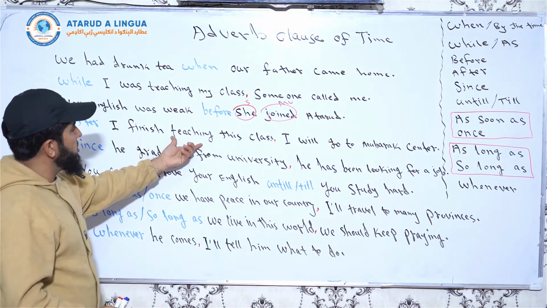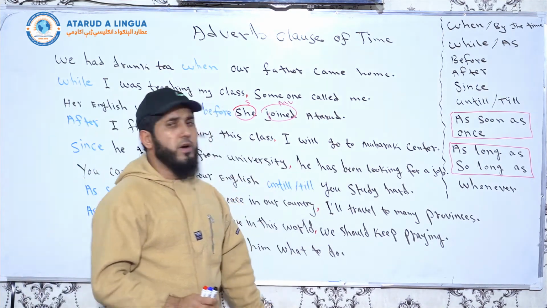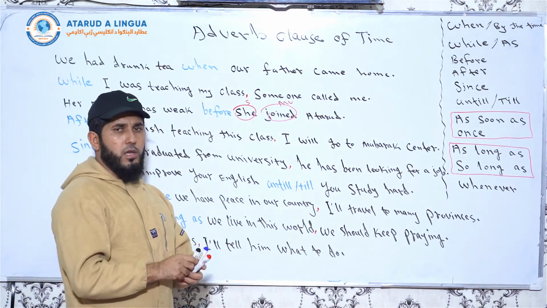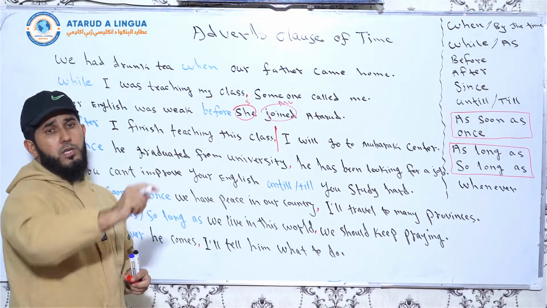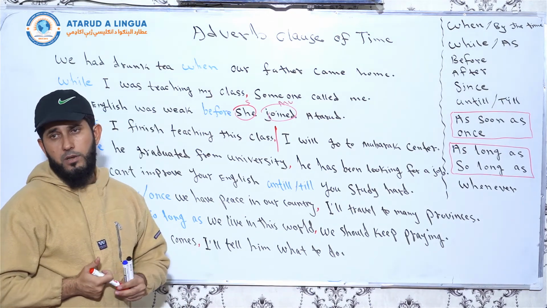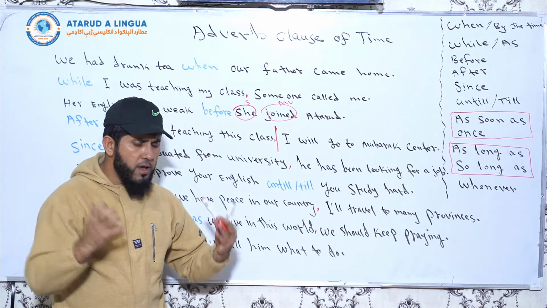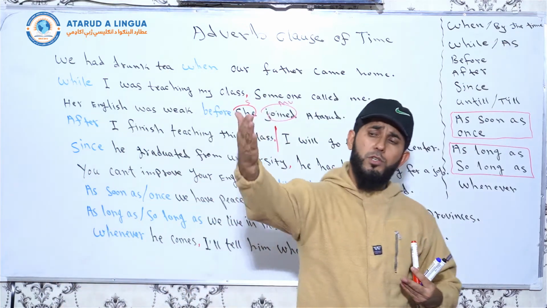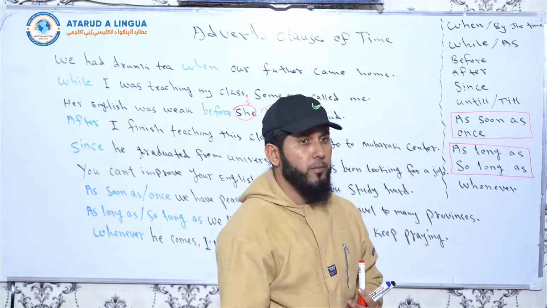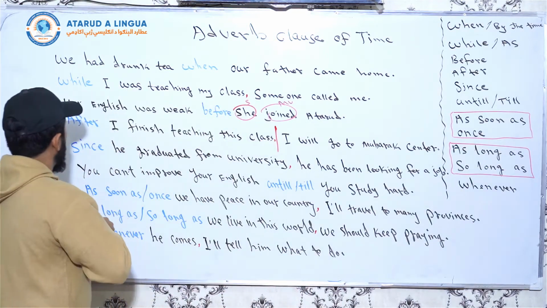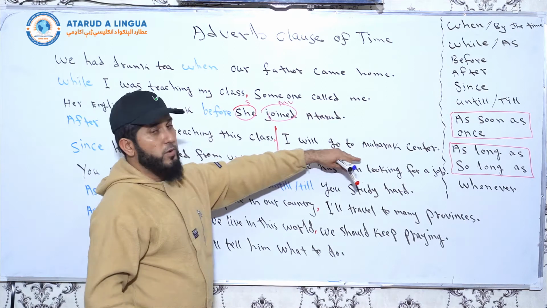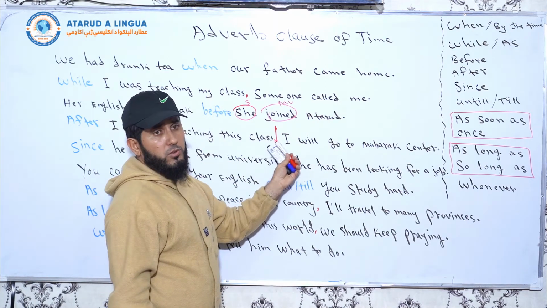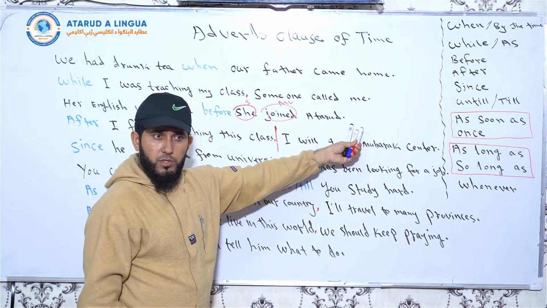And now look here. After I finish teaching this class, I will go to Mubarak Center. I told you one thing, and you should keep in mind that no future tense in adverb clause of time. We can never ever use future tense in adverb clause of time, okay? Look, after I finish teaching this class, I will go to Mubarak Center. In your independent clause or main clause, you have simple future tense, right?